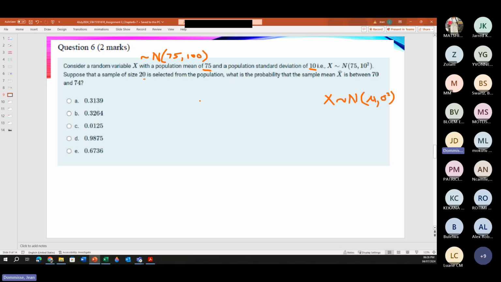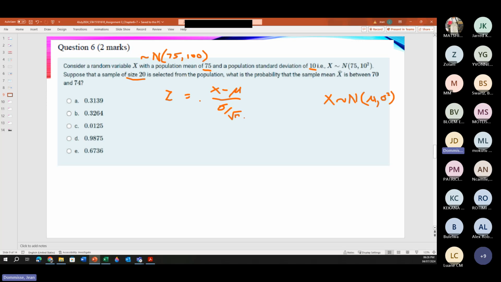Then they give us size. So again, that tells me that we will work with the Z that is equal to X minus mean divided by the standard deviation divided by the square root of N.